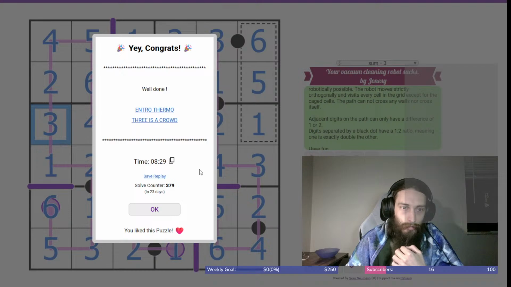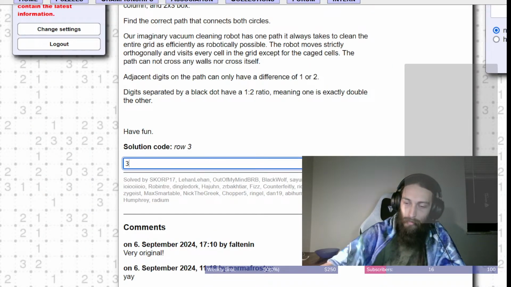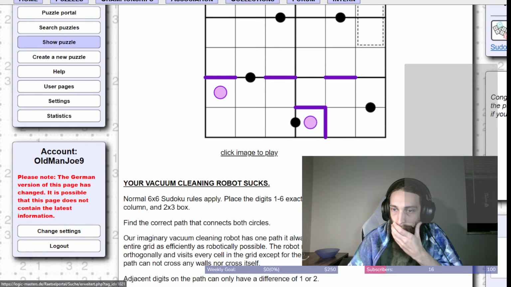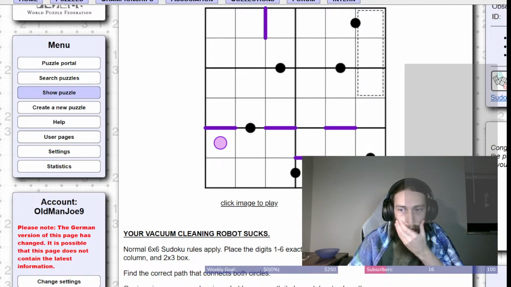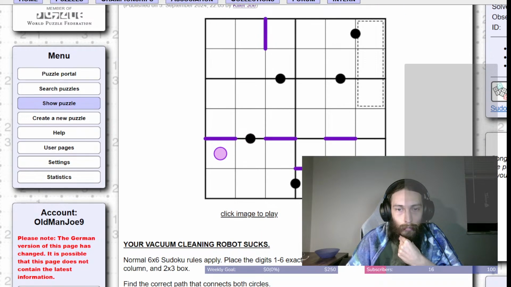Row 3: 3, 4, 6, 5, 2, 1. That one was fairly easy, but I don't know if I would go with very easy, because drawing the path was fairly straightforward.